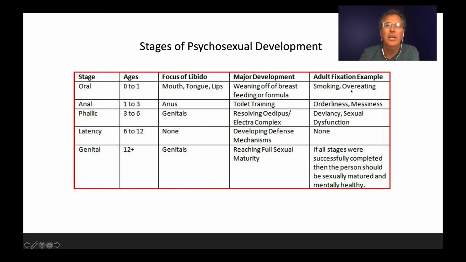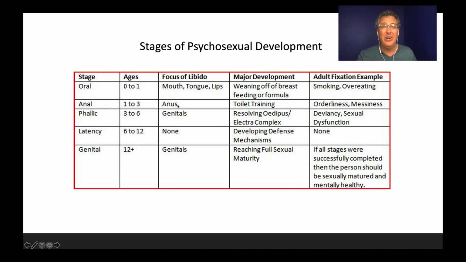And if you are, you show oral tendencies like smoking or overeating, or maybe you become a professor and spend half your life talking or singing because you're a mouth kind of person and you're still partly a mouth kind of person. So maybe if I'm guilty of being fixated anywhere, maybe this is my stage. I can explain why I spend all my time talking. But his normal notion is you get past that, and then the anus becomes the focus of the libido.